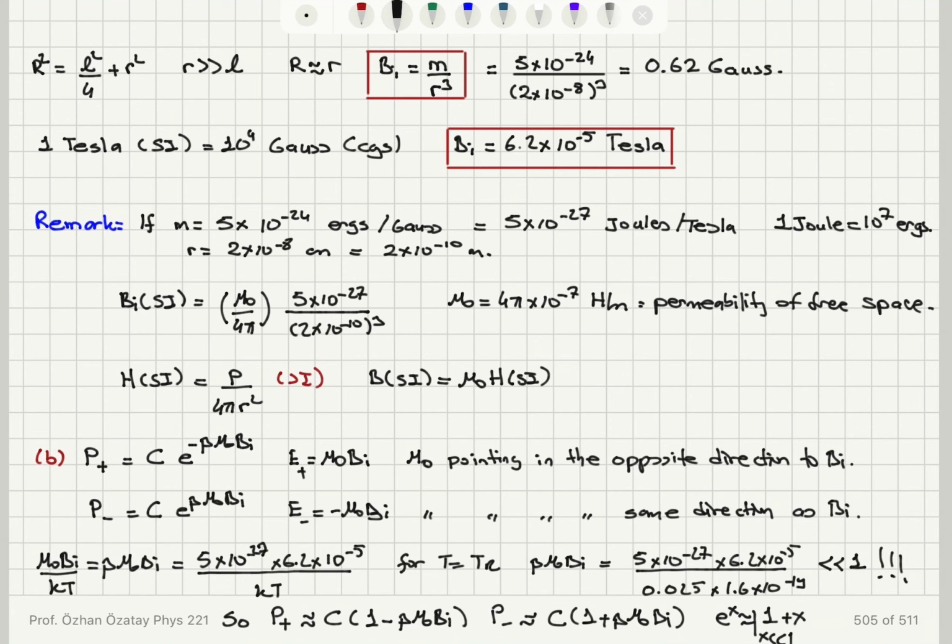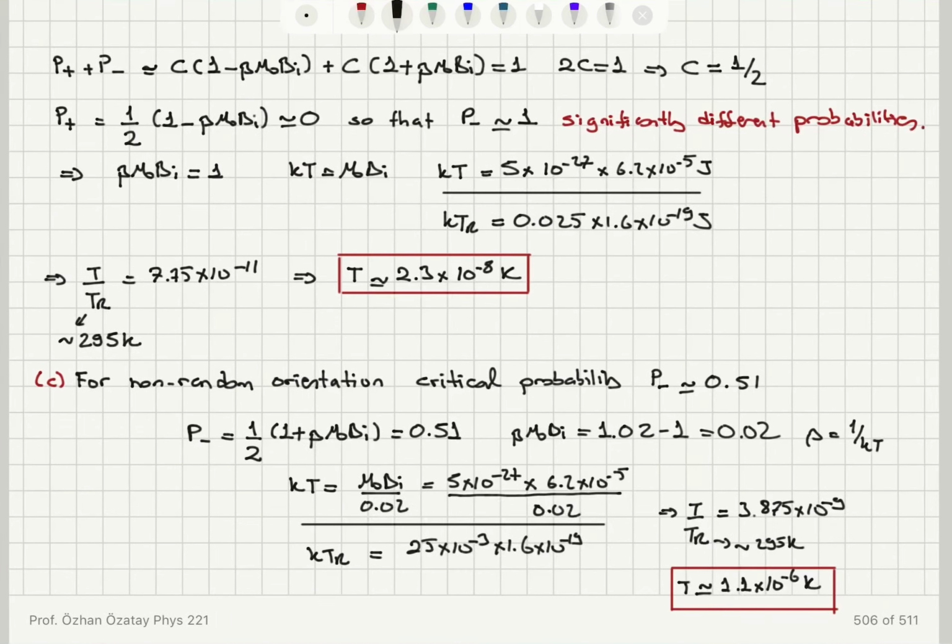And this beta mu0b value for a typical KT at room temperature is much less than 1. So I have used the approximation for P plus and P minus as C times 1 minus beta mu0b and 1 plus beta mu0b. And the total probability should be 1, so C should be 1/2. Now I want this probability P plus to be almost equal to 0, which means beta mu0bi should be equal to 1 in that case, and that gives me a temperature of 2.3 10 to minus 8 Kelvin.